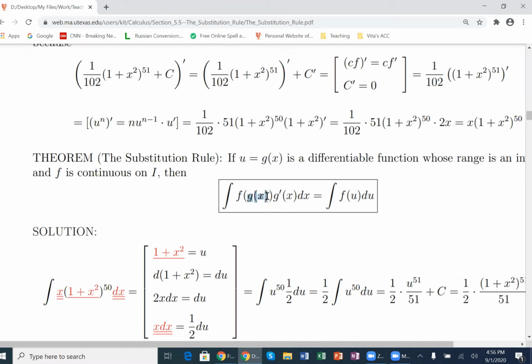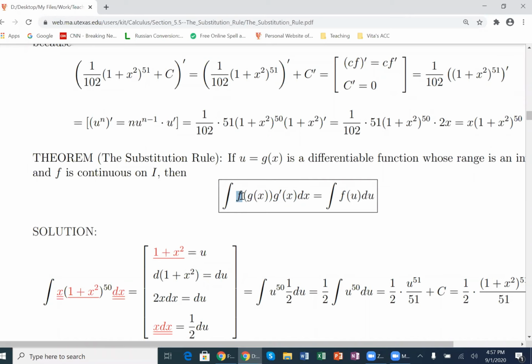The inner function is y, and f is x to the negative first power.